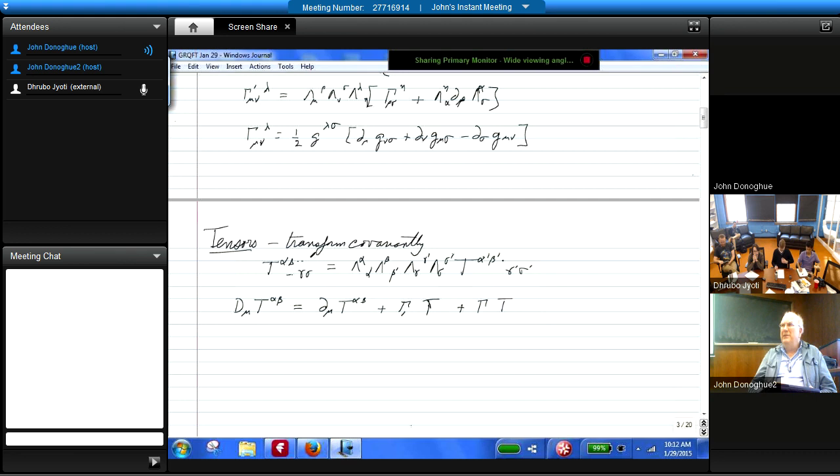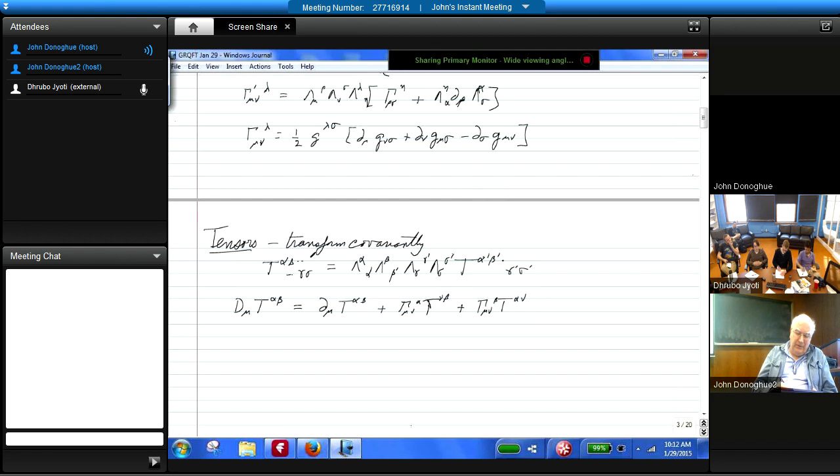One of them is going to be gamma mu nu alpha T nu beta, and the other one will be for the beta index, gamma mu nu beta T alpha nu. Okay, so basically you just work on each index just like we did on the vector there, okay?